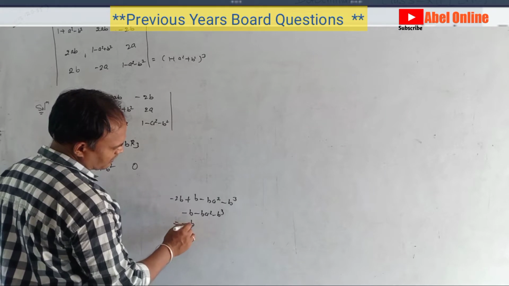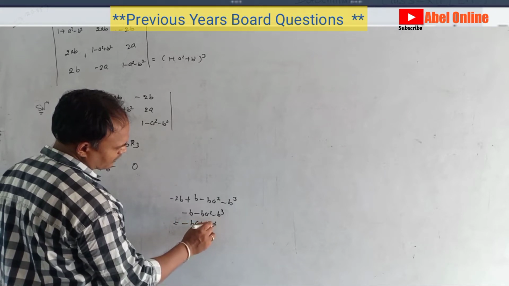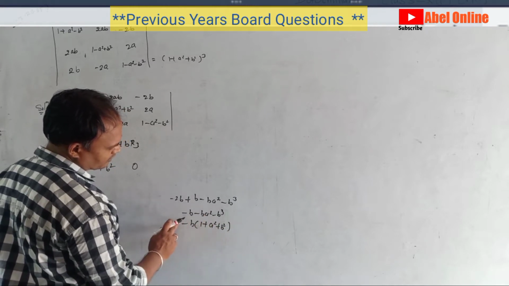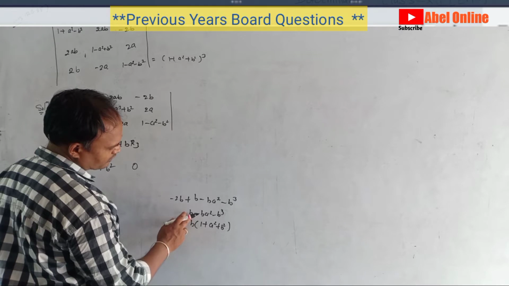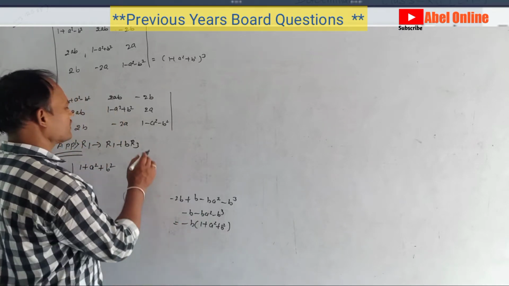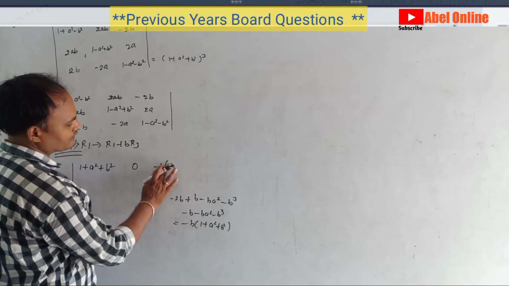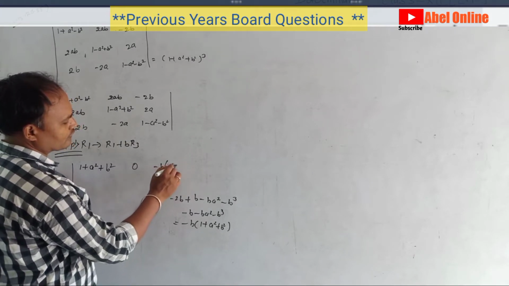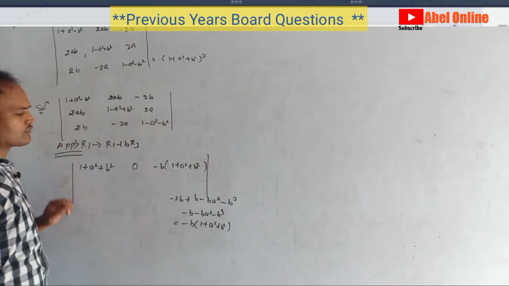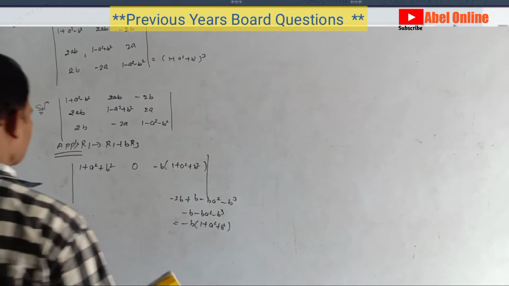Minus b is common, so it is minus b times 1 plus a square plus b square. Okay, so the first stage we have completed.